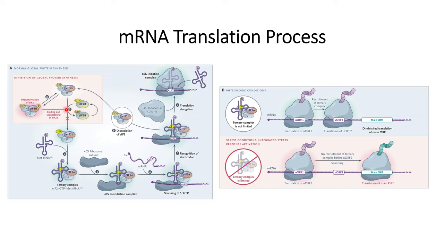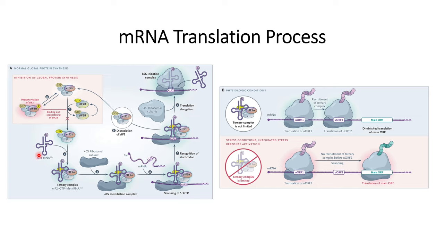And when this guanine triphosphate is bound with alpha, beta and gamma of EIF2, it will interact with methionine tRNA. We know from one of our previous videos that this methionine is complementary to the start codon, that is AUG, that can be found in the mRNA.